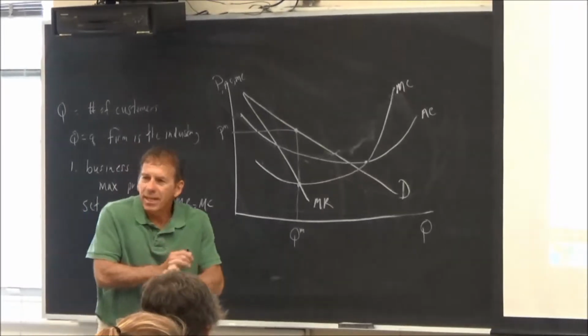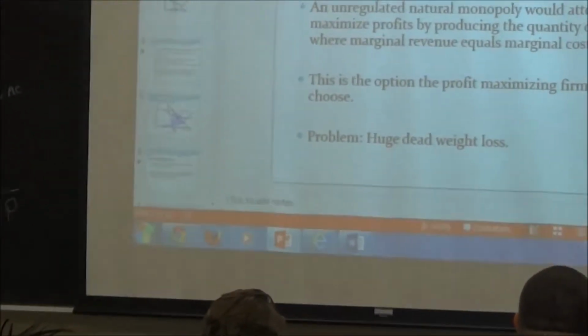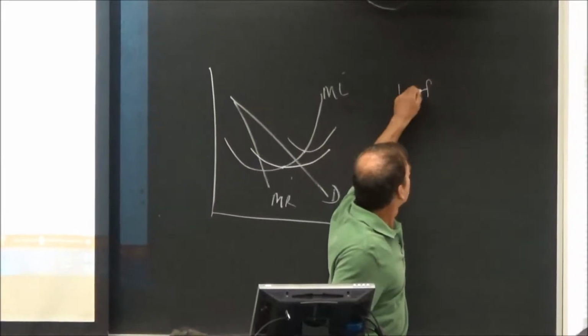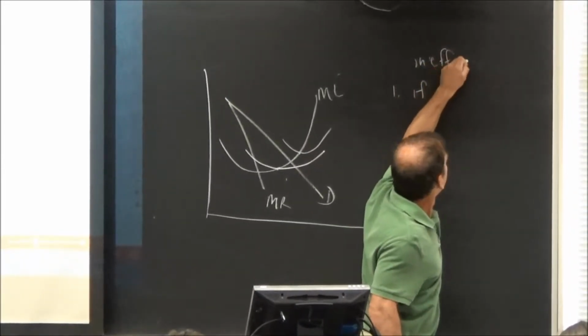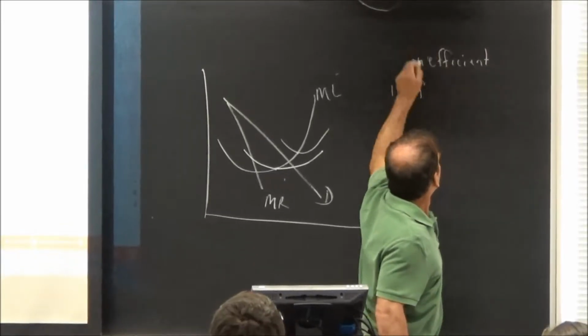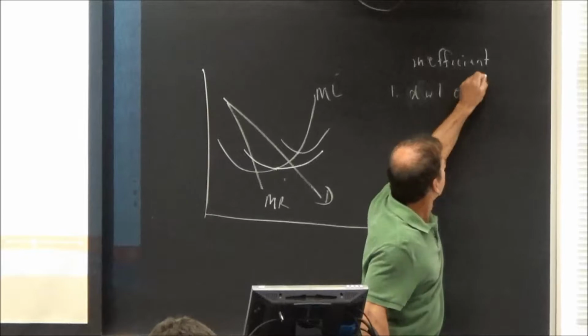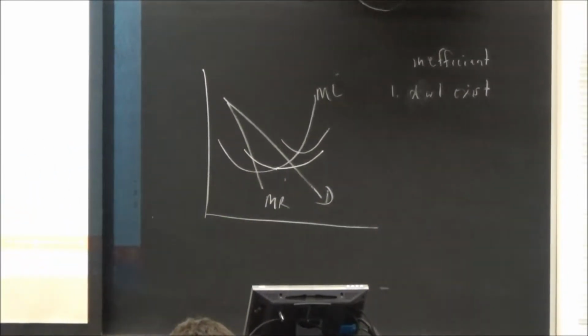And that means that the company would be inefficient, because if there's a deadweight loss, they're inefficient. So that's number one. We know that they're inefficient because there's a deadweight loss.